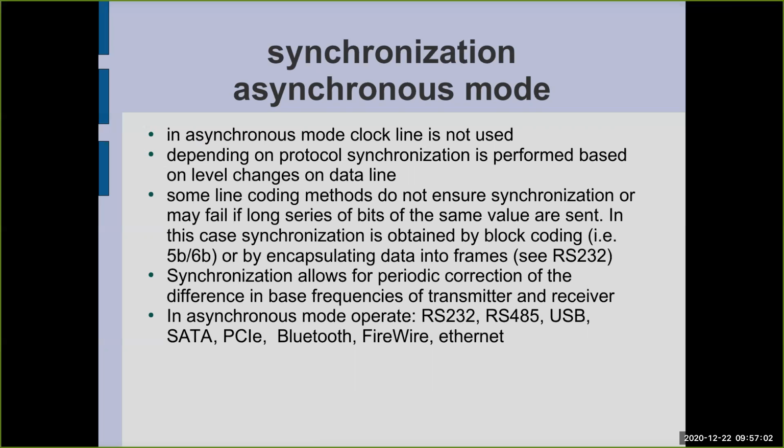And in this case, the receiver can detect the beginning and the end of the frame. So even if an additional bit was added, it is able to detect it. So this error is not propagating over to the next data which will be sent.